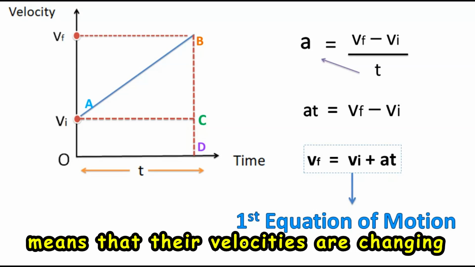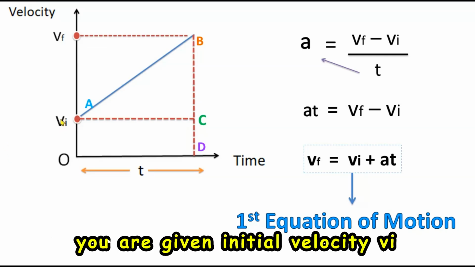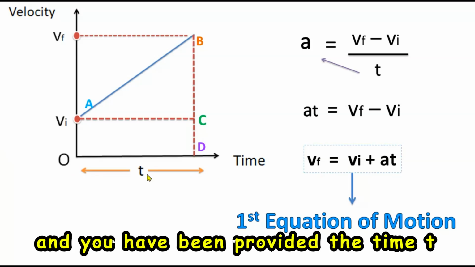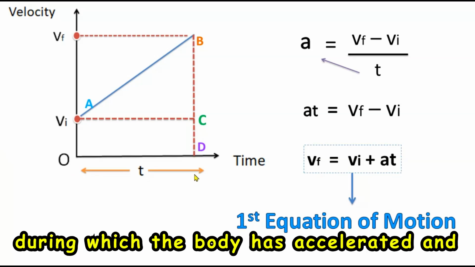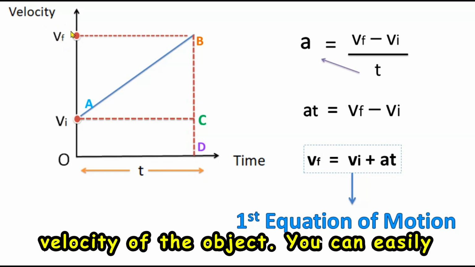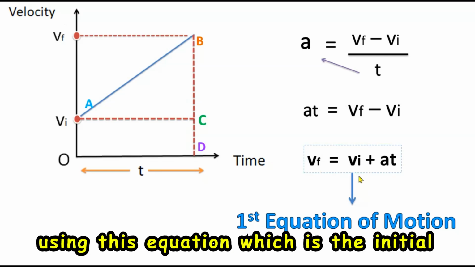It means that their velocities are changing by the same amount every second. So if you are given initial velocity Vi and acceleration, which is constant, and you have been provided the time t during which the body has accelerated, and you are asked what is the final velocity of the object, you can easily tell the final velocity by using this equation.